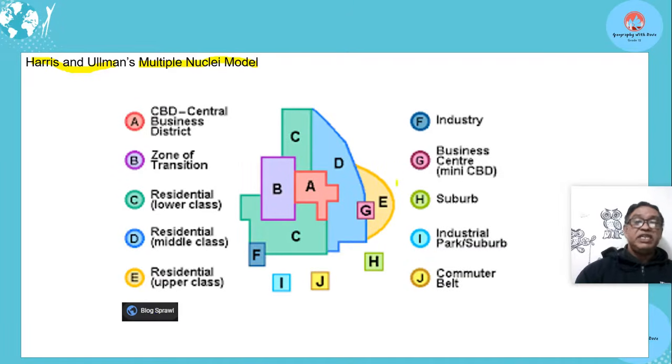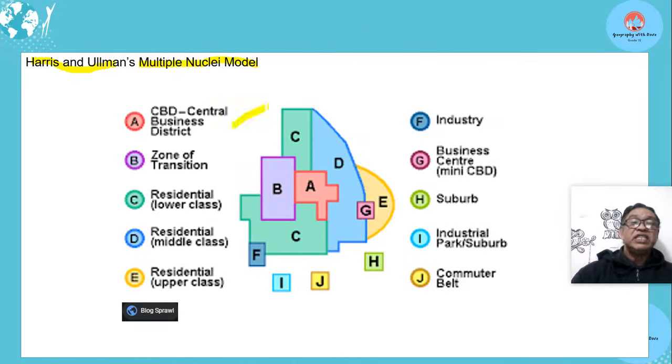Can you see even E is around this side? So he said lots of things will determine the location of certain land use zones: accessibility for the CBD, bulk transport for the heavy industry, aesthetic appeal for the high income area. Those were the different nuclei. So, in other words, the other two models had set little models of how the city looks.